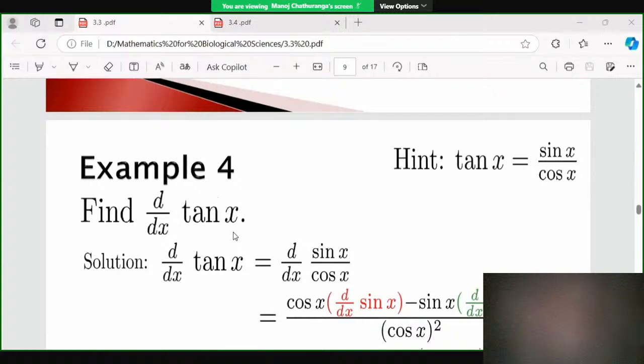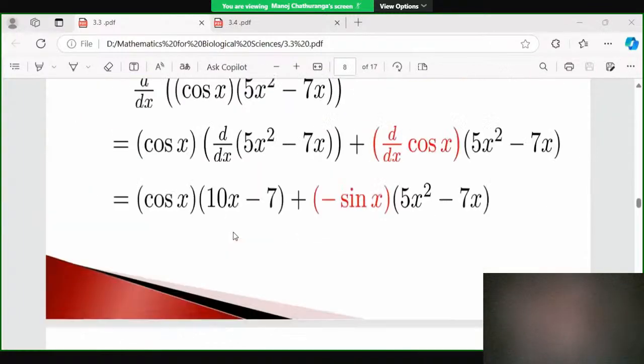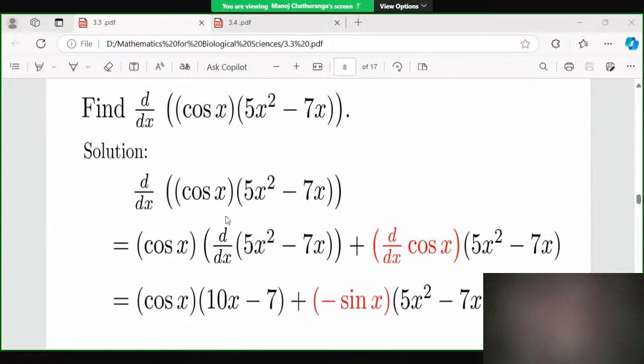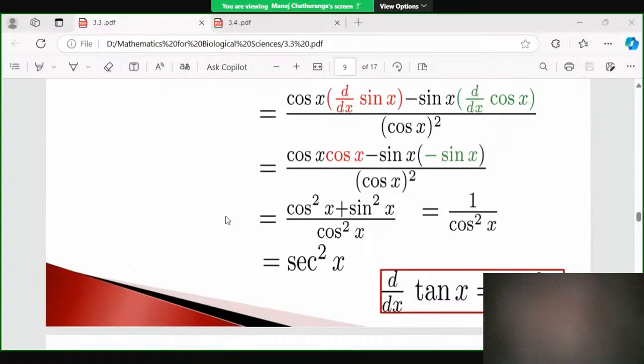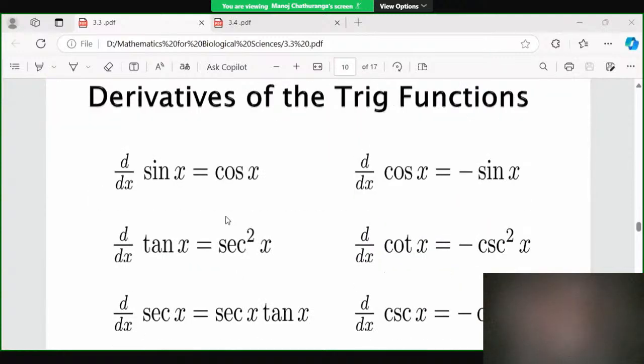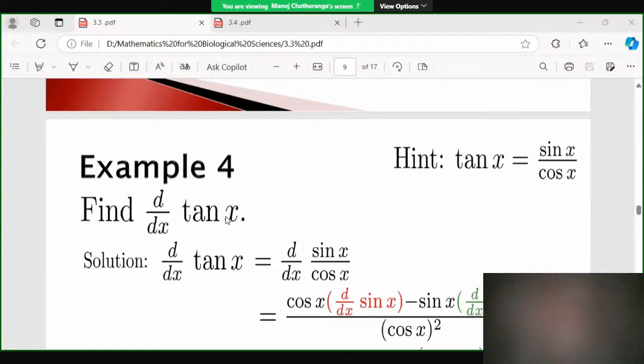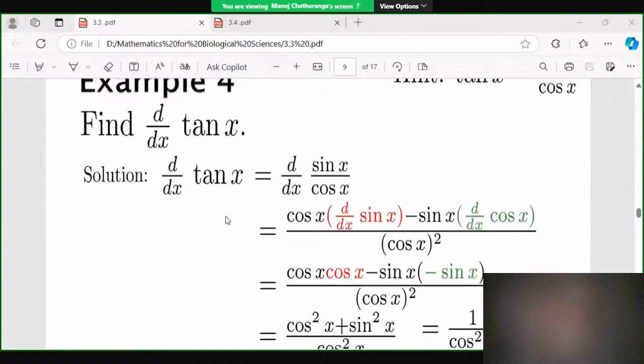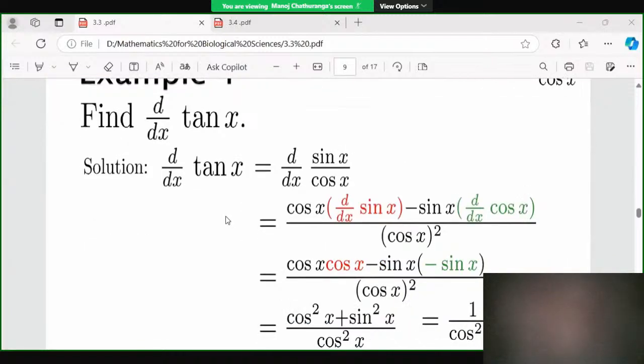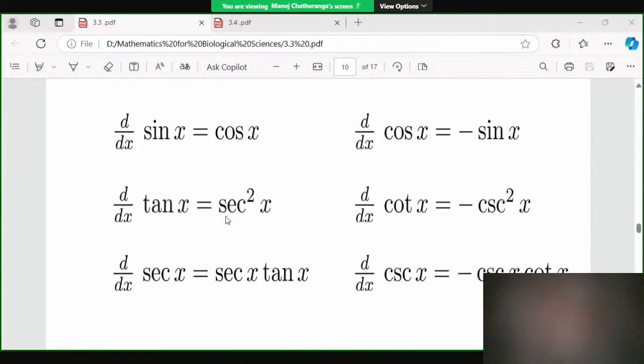The same goes with all these types of products and quotients, and since we can compute the derivatives of the other trig functions using the quotient rule and the derivatives of sine and cosine, we can make a table of them.